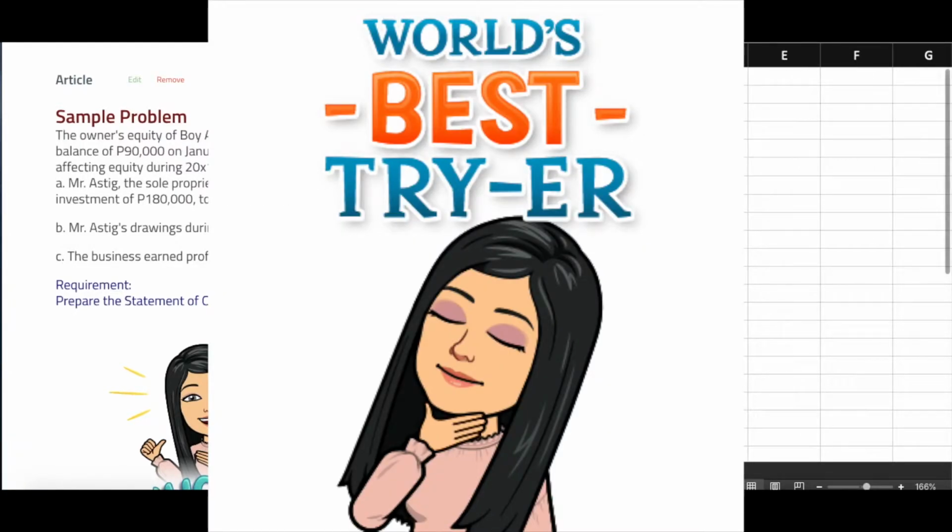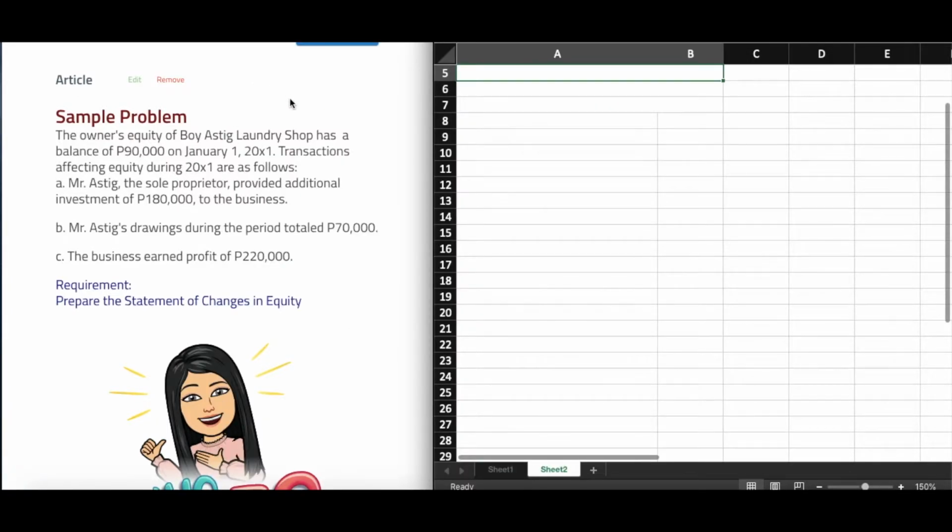So now let's go to solving this problem. Let me read first the problem. The owner's equity of Boy Astig Laundry Shop has a balance of 90,000 on January 1, 20x1. Transactions affecting equity during 20x1 are as follows.